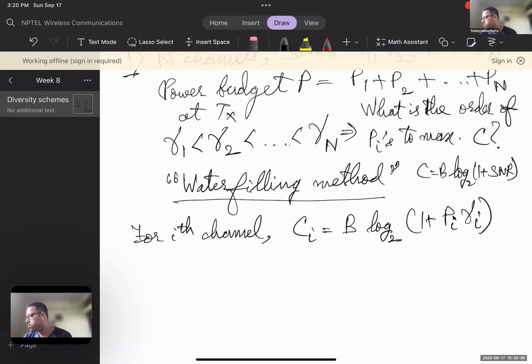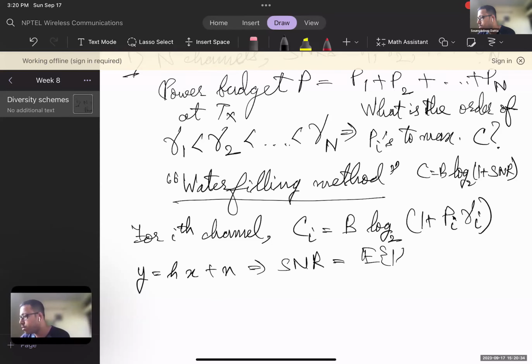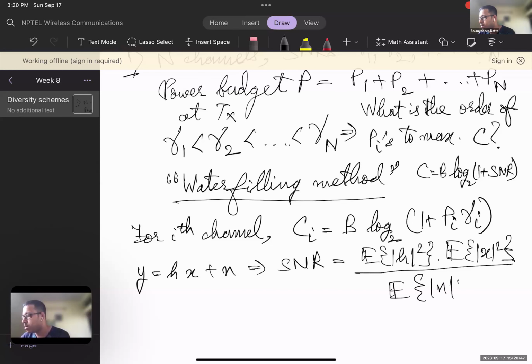So we know the SNR of the channel, and then the signal power gets multiplied to it. Because your signal is something like y equals hx plus n, and so your SNR becomes the expectation of mod h squared times the expectation of mod x squared, divided by the expectation of mod n squared.